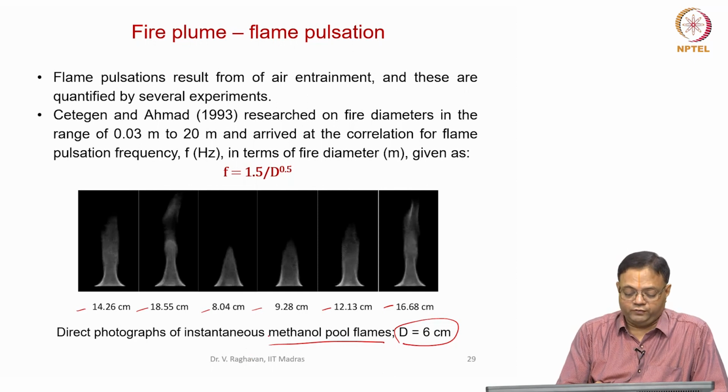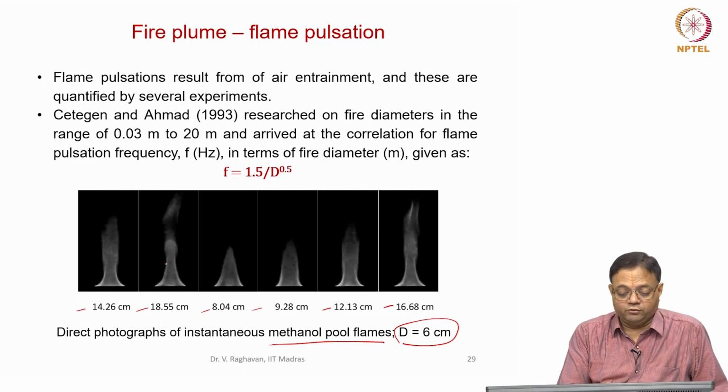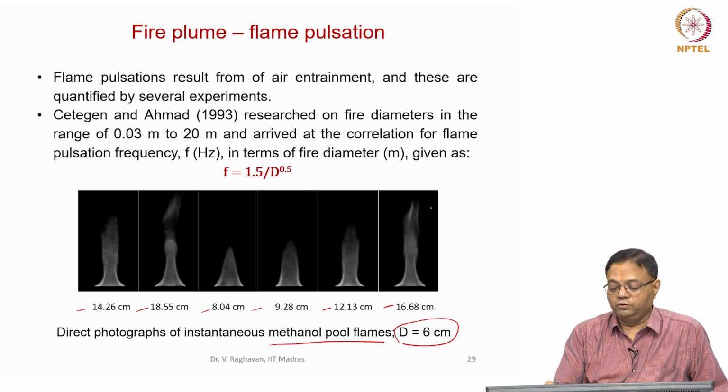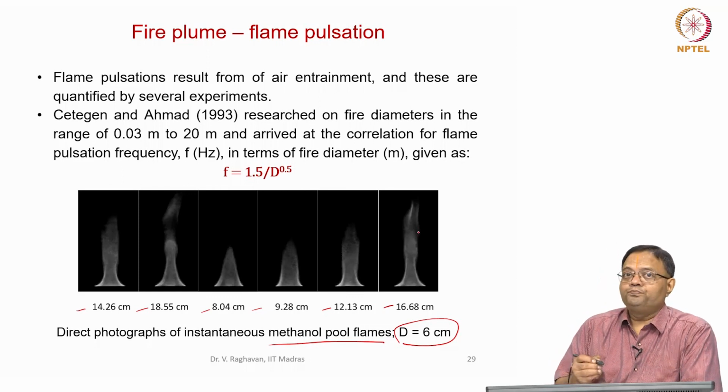There is a clear fluctuation. You can see that flame height is 14.26. At another time instant it is increasing to 18, then it drops to 8, then it again increases, and this cycle continues. There is a fluctuation.